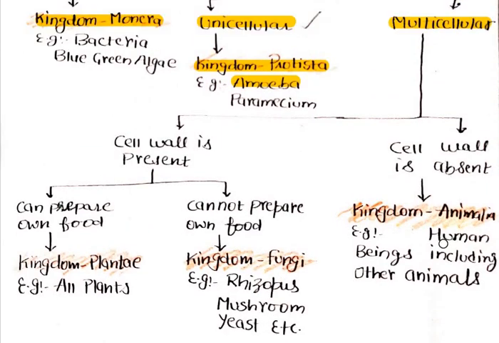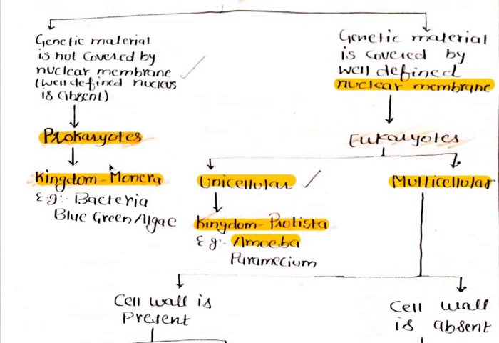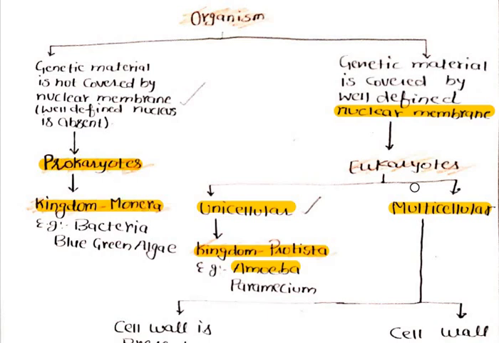If the cell wall is absent, then kingdom Animalia. If cell wall is present, then if there is an autotrophic nutrition, Plantae. If there is a heterotrophic nutrition, then Fungi. Then you should know about all the examples of these 5 kingdoms. Learn examples as much as you can, because a lot of questions used to come based on the examples.